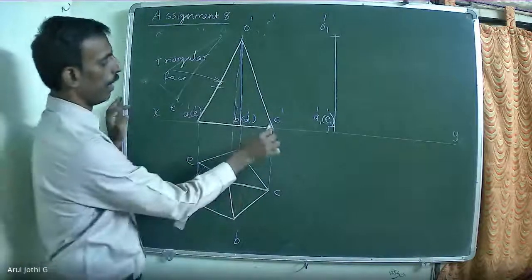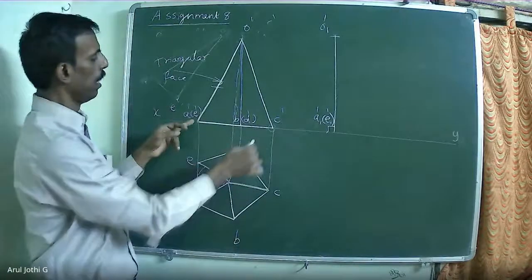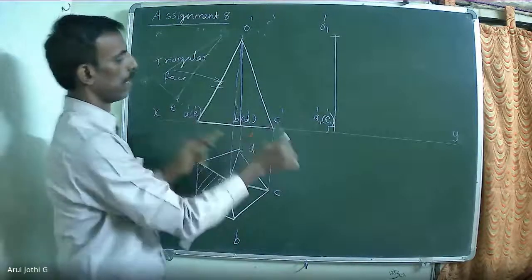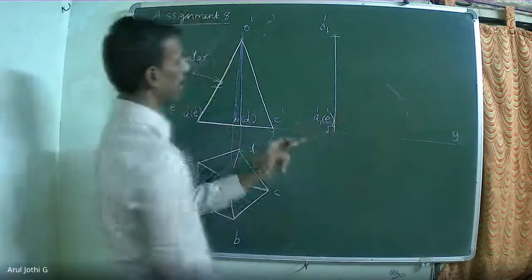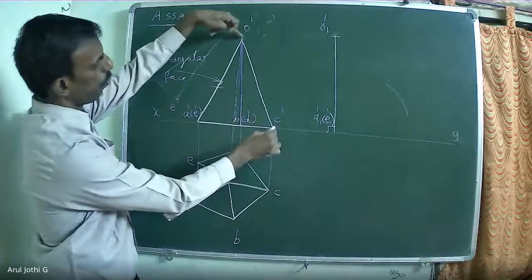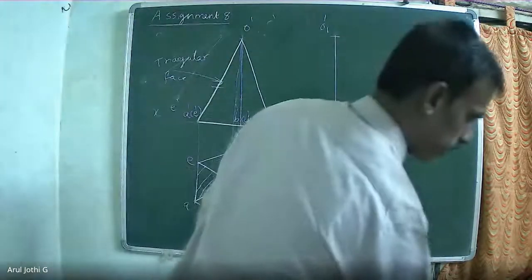Now we are going to find out the location of the corner point C in our diagram. How to find that? Measure A dash, C dash. From the corner point A dash, construct one arc. Measure O dash, C dash. Using the compass, I will show.